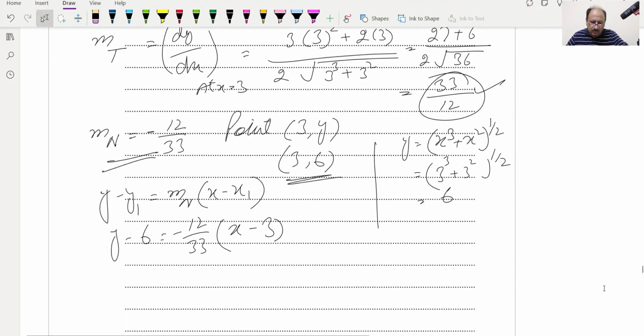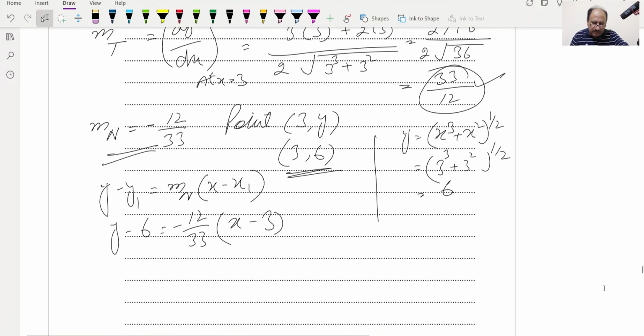Now we can open the bracket and send minus 6 to the other side, so y will be equal to minus 12 over 33x plus 36 over 33 plus 6.